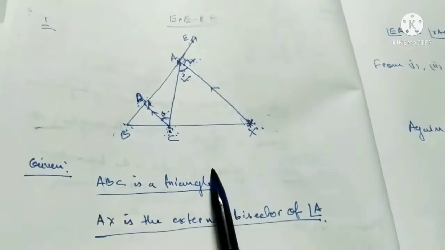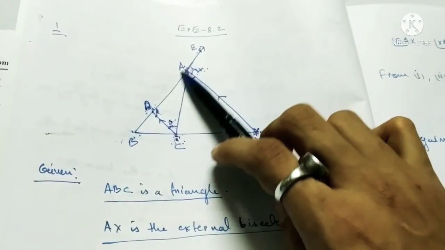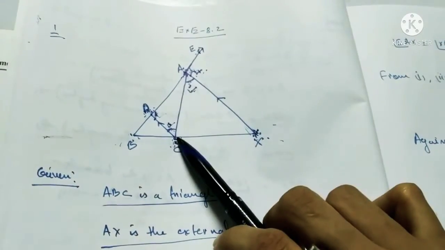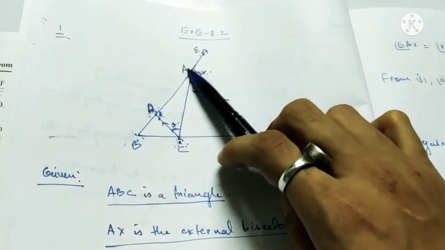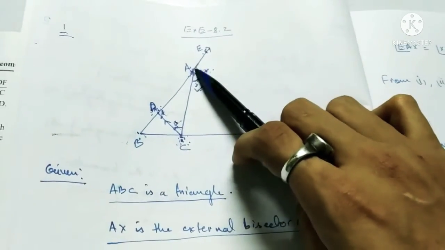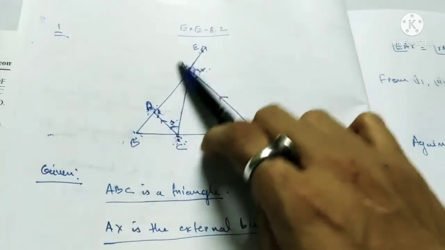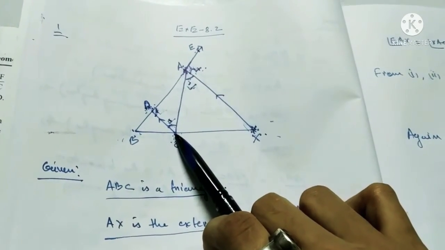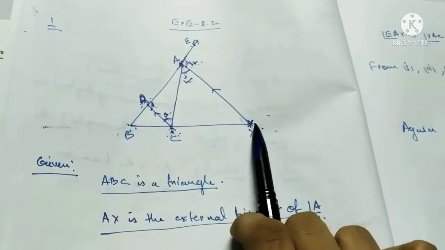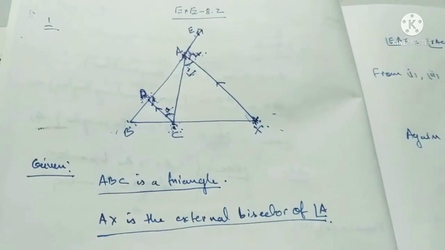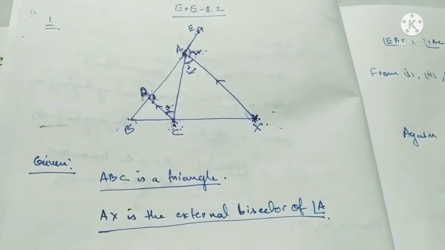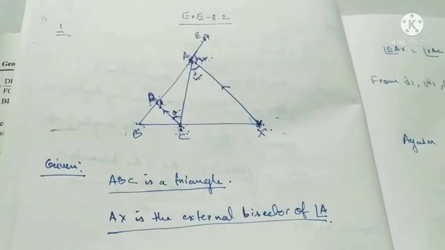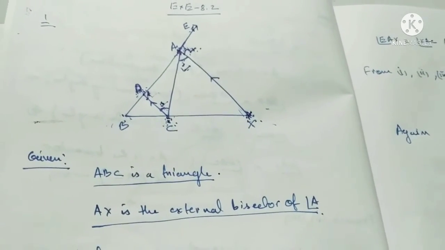Understand? Done. Next line I will write: since I have got that AD is equal to AC, BA by AC is equal to BX by CX, and that is our proof. Understand? That much only.